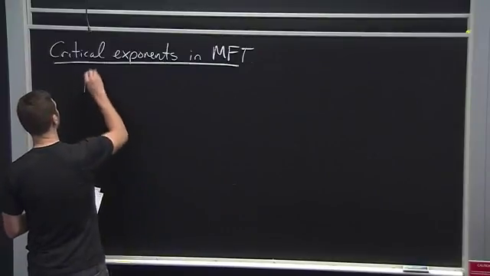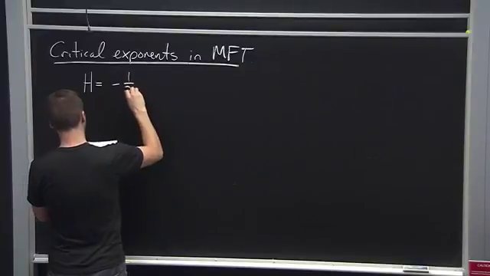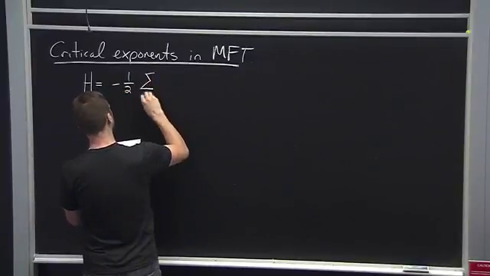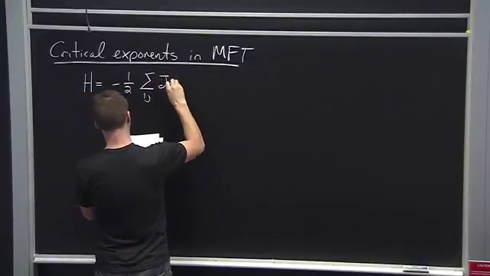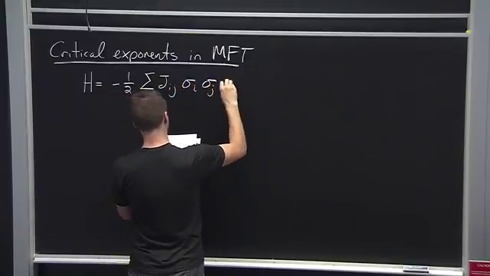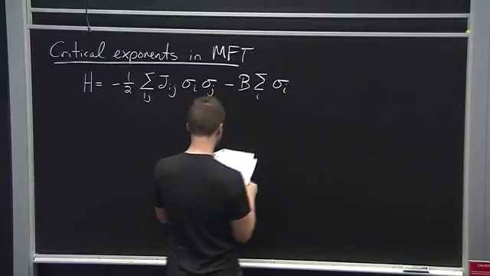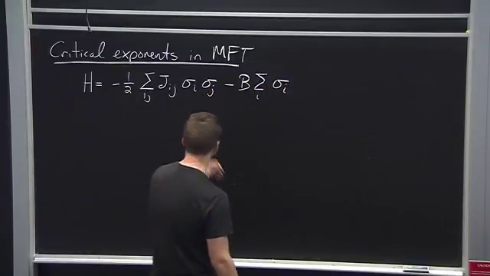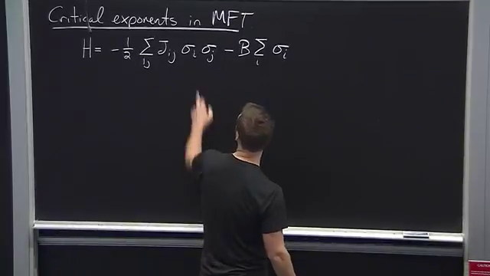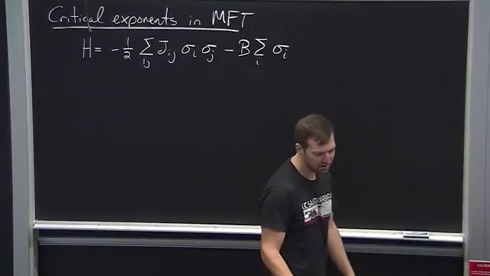So just to review what we did last class, we defined an Ising model. So interactions between sigma i and sigma j and an external magnetic field.